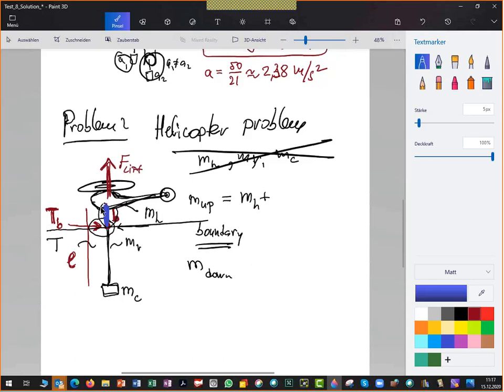How much is this blue part? How much is its weight? It's quite easy to find. Look what I'm doing. I will take the mass of the whole rope, divide it by the whole length of the rope, and then multiply it by the B length. It will give me the mass of the blue part.